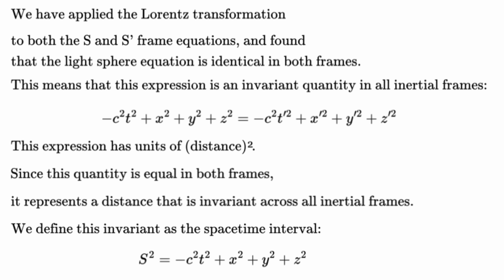We have applied the Lorentz transformation to both the S and S prime frame equations and found that the light sphere equation is identical in both frames. This means that this expression is an invariant quantity in all inertial frames. This expression has units of distance squared. Since this quantity is equal in both frames, it represents a distance that is invariant across all inertial frames. We define this invariant as the space-time interval.